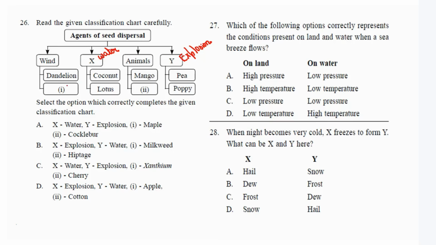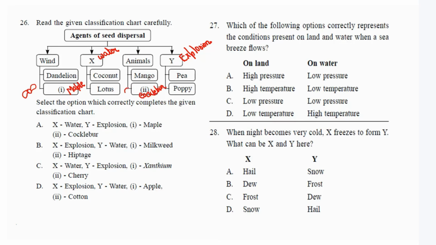So 1 can be what? 1 can be anything that can be easily dispersed. So it can be maple. So maple has a wing-like structure. So they can be easily transported by the wind. Number 2, animal, mango and 2. So 2 we can take as cocklebur, the xanthium.